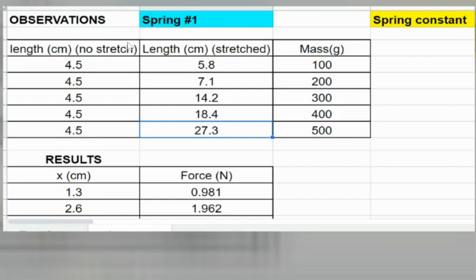Don't forget, we need to do this for 4 different objects, springs and elastics. So you're going to have 5 different data points for each spring, and they should all be in separate data tables. Okay, these are our observations.